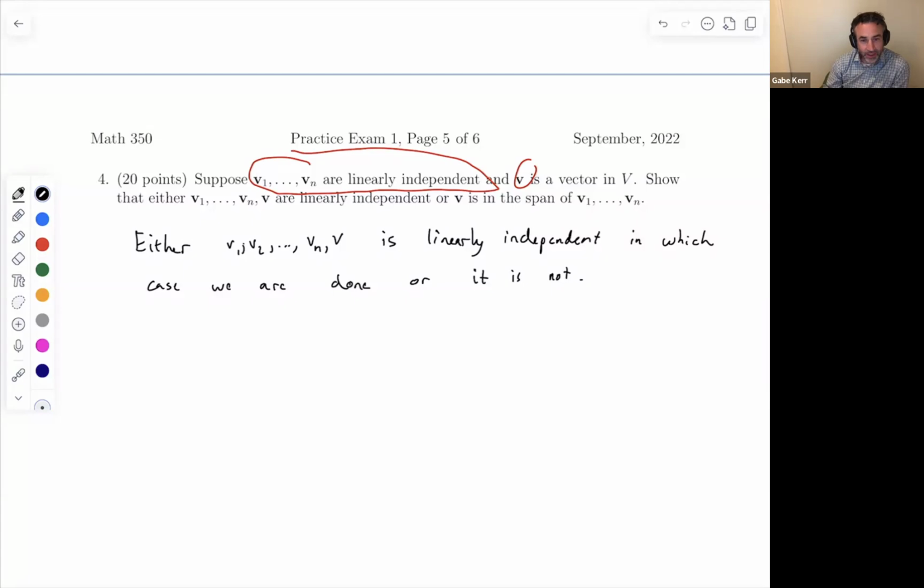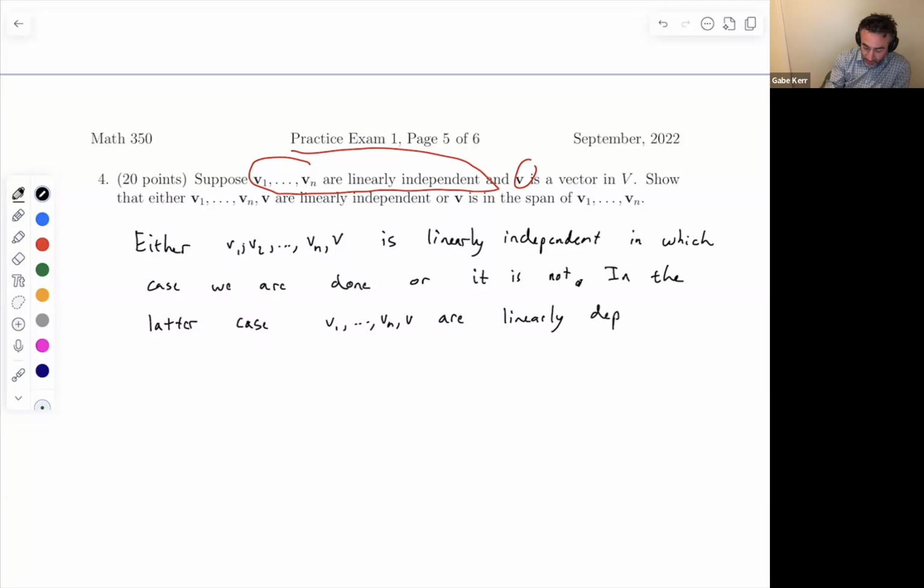When it is not linearly independent, it is called linearly dependent. So in the latter case, the case where we're not done, V1 through Vn and V are linearly dependent.